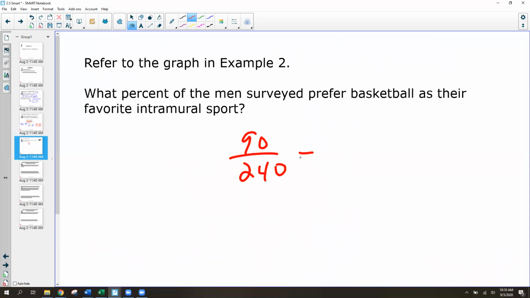And if you just make that division, pick up your calculator, divide 90 by 240, you get 0.375. Okay, in this case, this is the decimal version of the percent. This is just 37.5%. So 37.5% of the men preferred basketball.